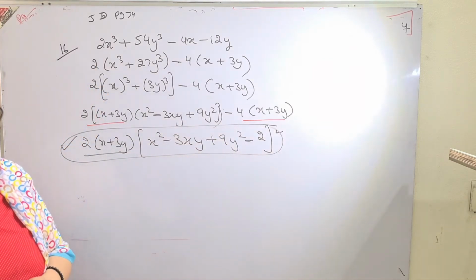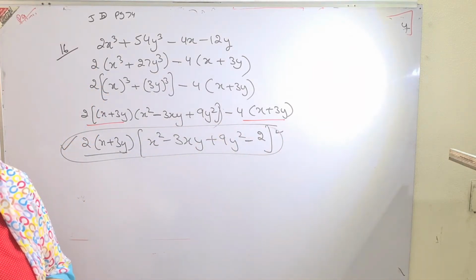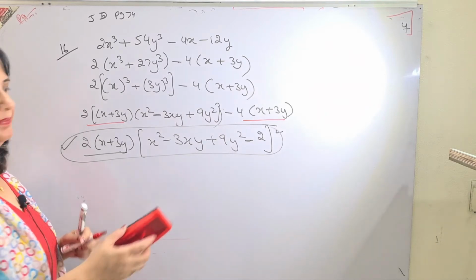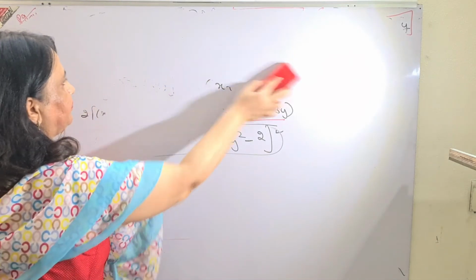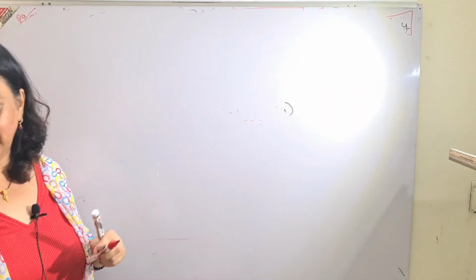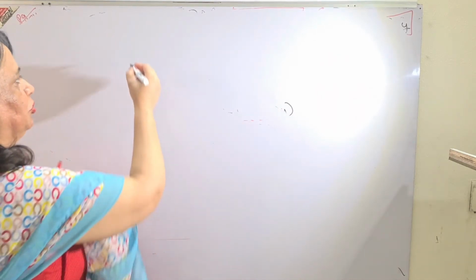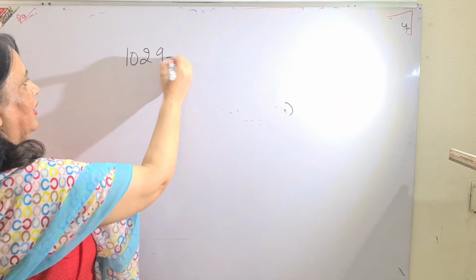So you know how to do it now. Then come to question number 17, sum 1029 minus 3x cube.